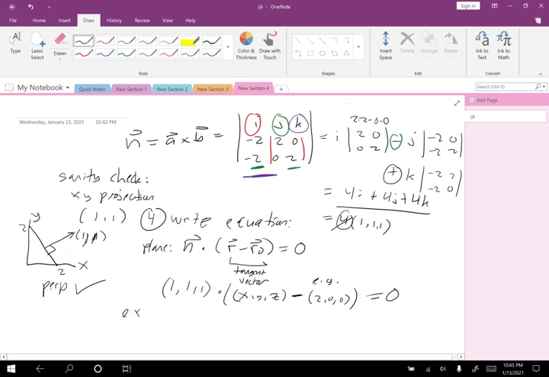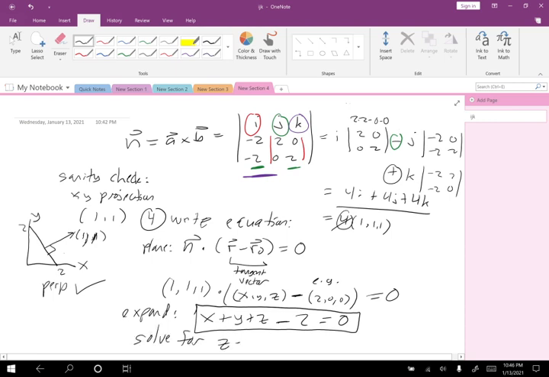So now expand, and we get x plus, I'm just going to do the first vector times the second, and then the second vector. So x plus y plus z, and now minus 2 equals 0. So this is our equation for the plane. So now you just solve for z. So z equals 2 minus x plus y.